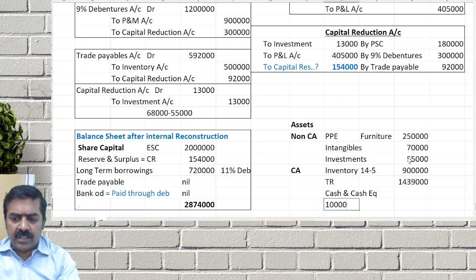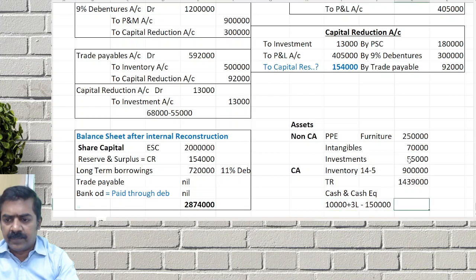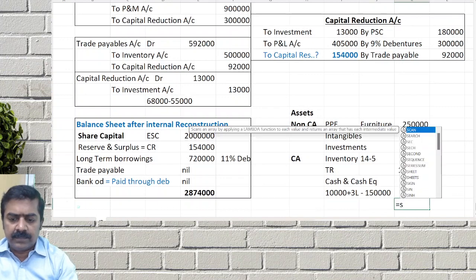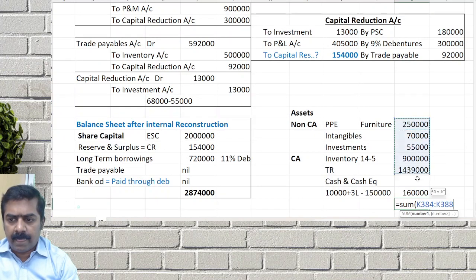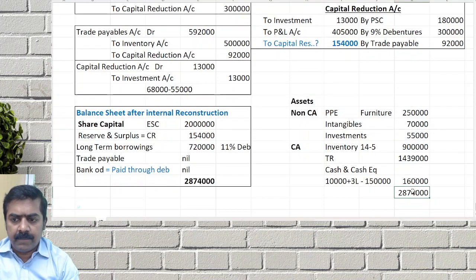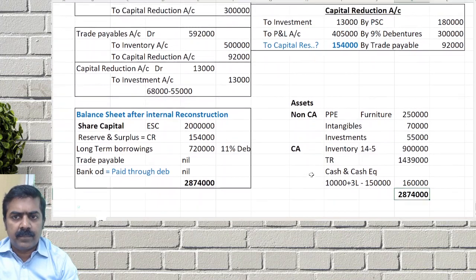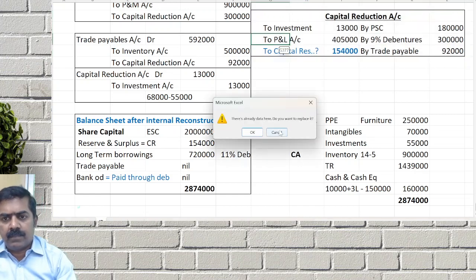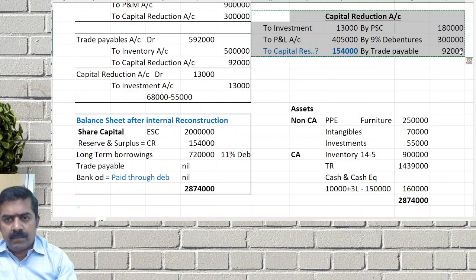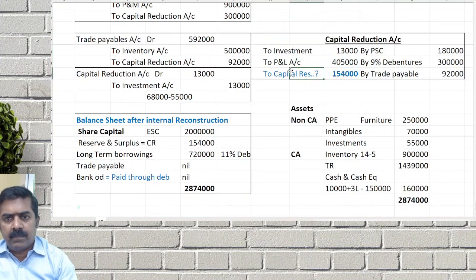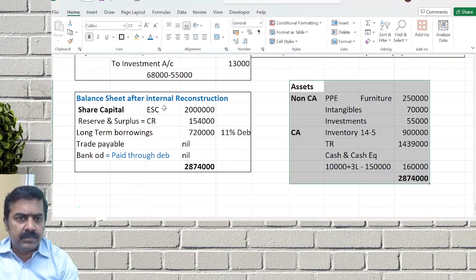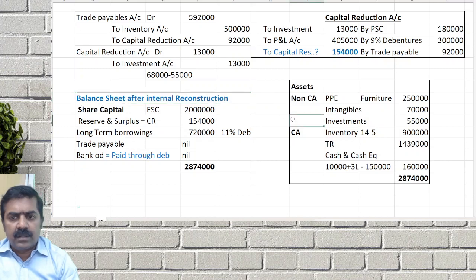Old balance 10,000 is there, plus 3 lakhs debentures issued, minus OD 1,50,000 settled. 1,60,000 will come. Done.